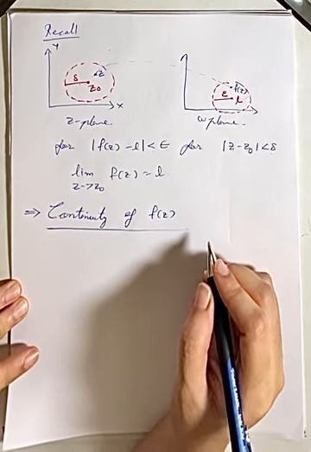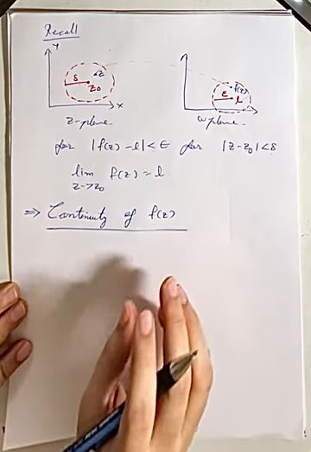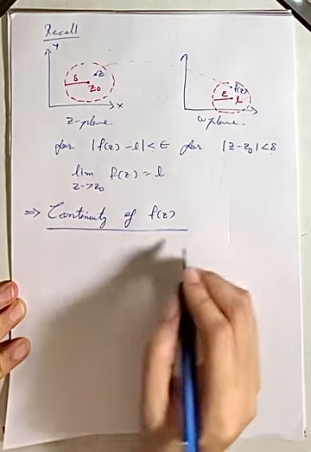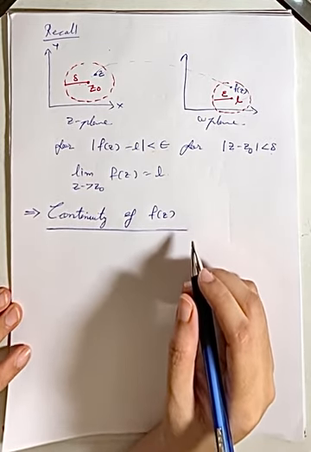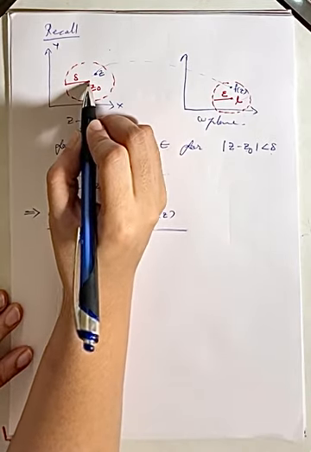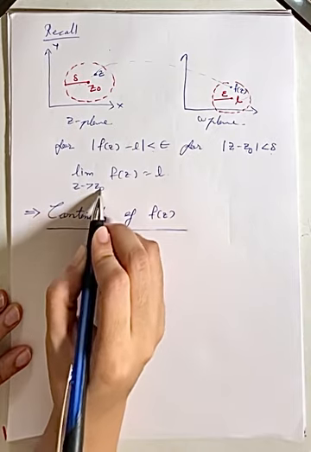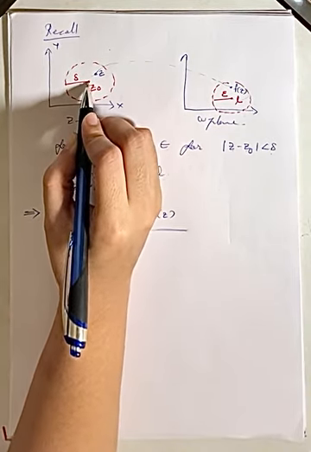Let me tell you in a simpler way that the function f of z is continuous at z equals z0 if, when you take the limit of z tends to z0, f of z itself becomes f of z0, right?